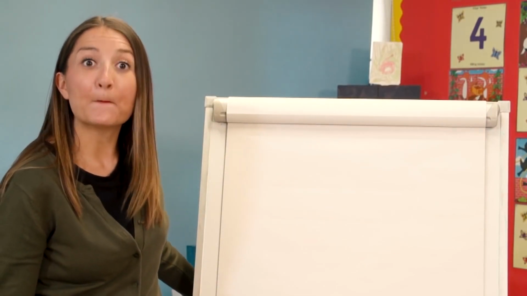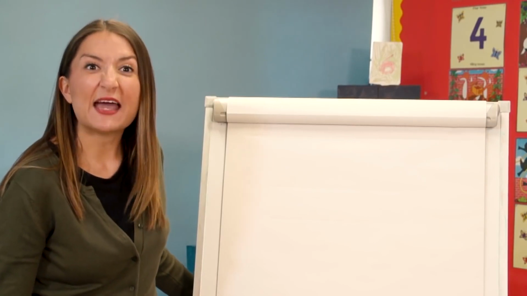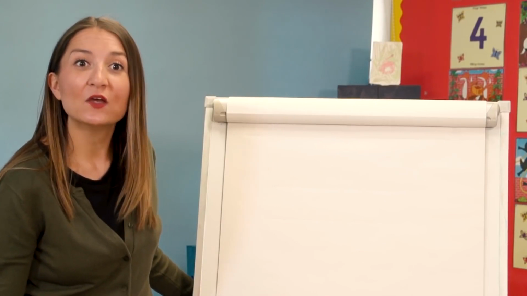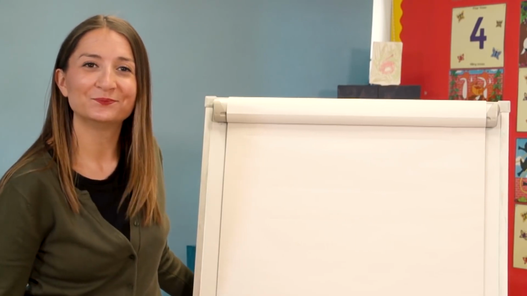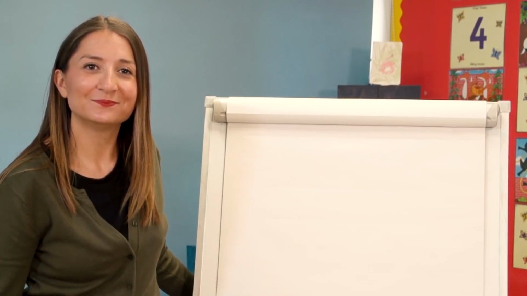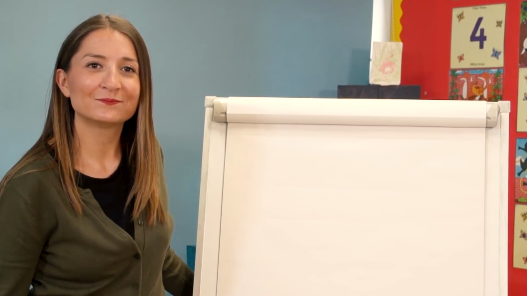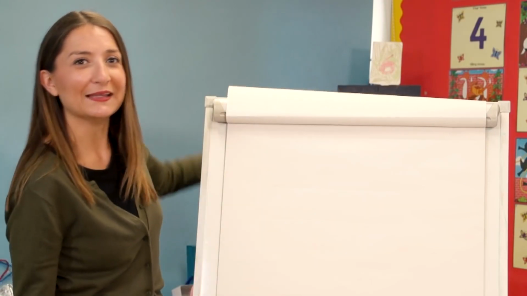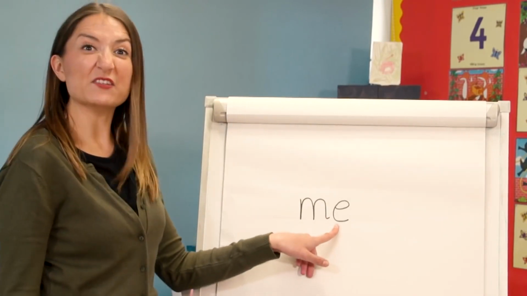Say the sounds. What's the tricky bit? The sound e is written with the letter e. Write them down. Remember, 2 sounds. Okay, let's check our spelling. Did you get the tricky bit?